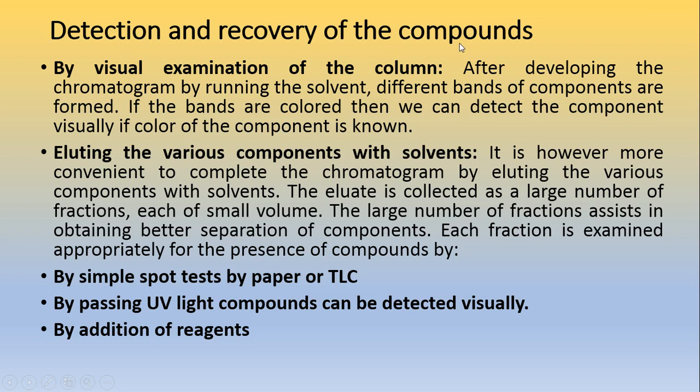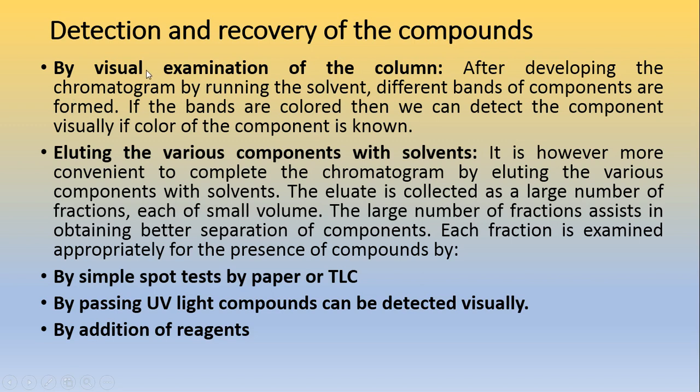Detection and recovery of the compounds. When these sample components from mixture come out from the column, then we examine these fractions which are coming out of column using various examination techniques.